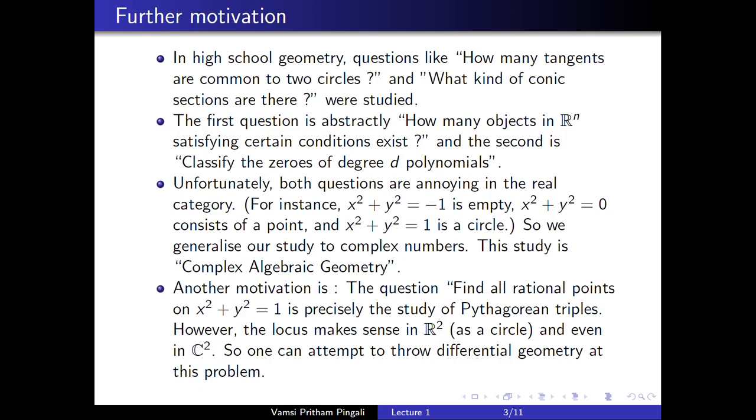I'm not saying that Pythagorean triples require anything as fancy as differential geometry. It's very elementary. But the point here is, if you take Diophantine equations, they can define geometric objects, and you can try to do differential geometry on these objects and hope to get something number theoretic out of them. This approach is called Diophantine geometry, and it has been fruitfully applied in many cases, for instance to prove the Mordell conjecture in number theory.